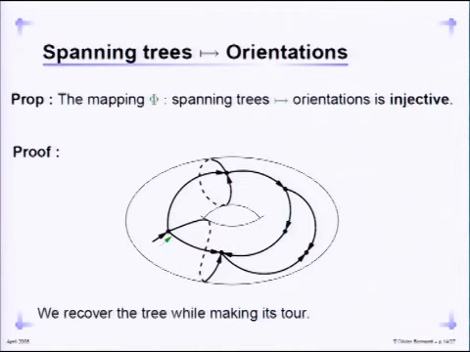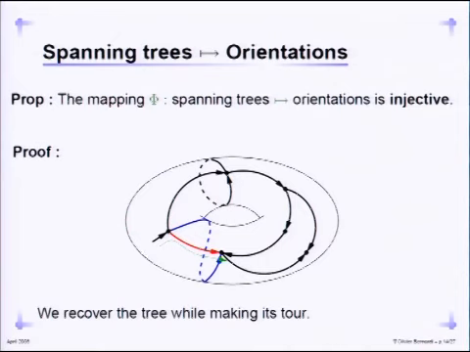So let's start. I start from here, and I want to decide on this edge. I see that this is an outgoing half edge, so this has to be internal. This has to be an edge in the tree. So I know how to continue the tour of my tree. Then I encounter this edge, and I see that it is an ingoing half edge, so this has to be an external edge.